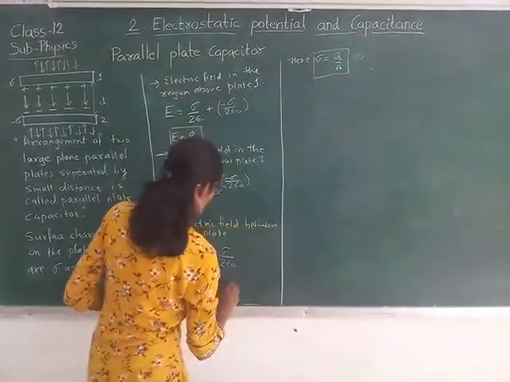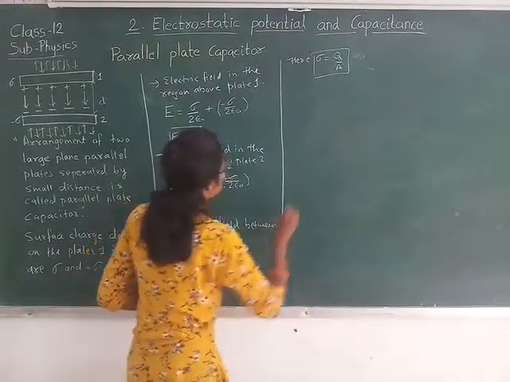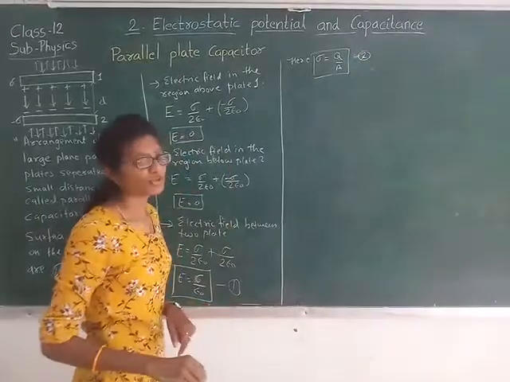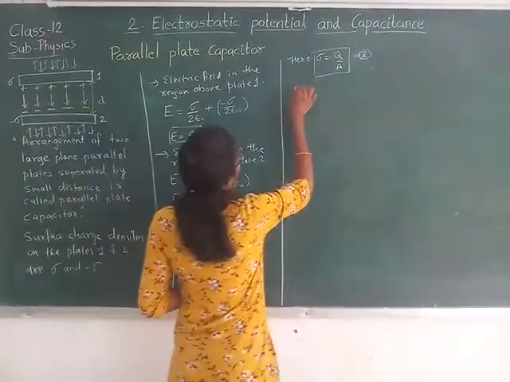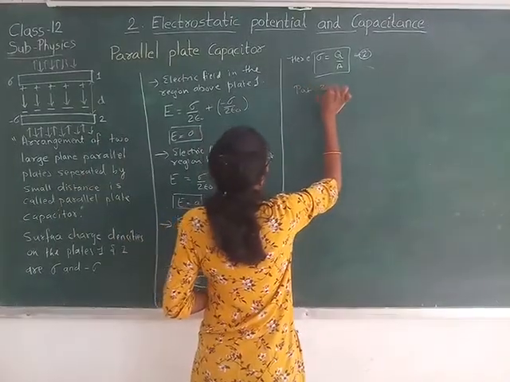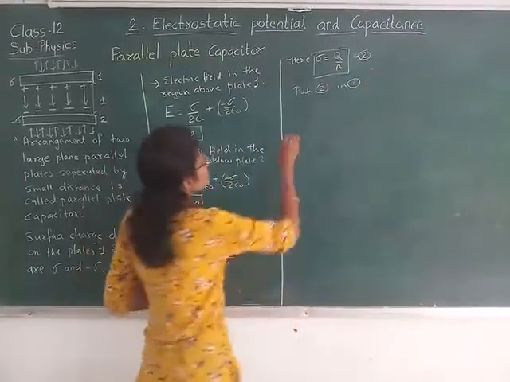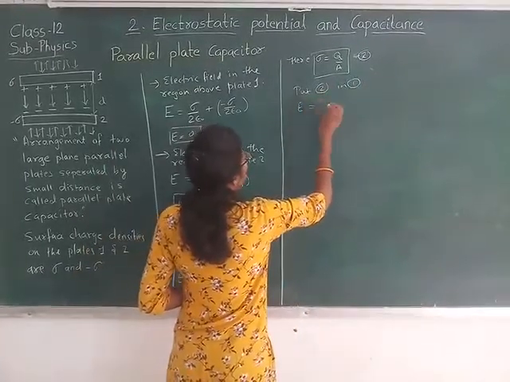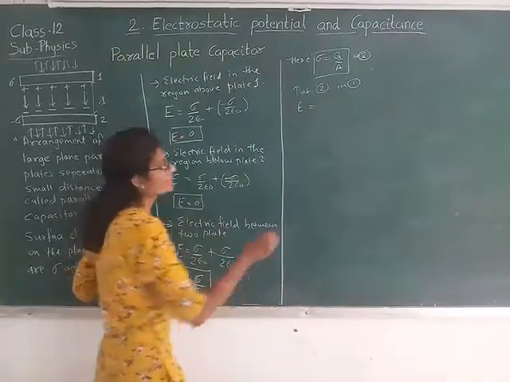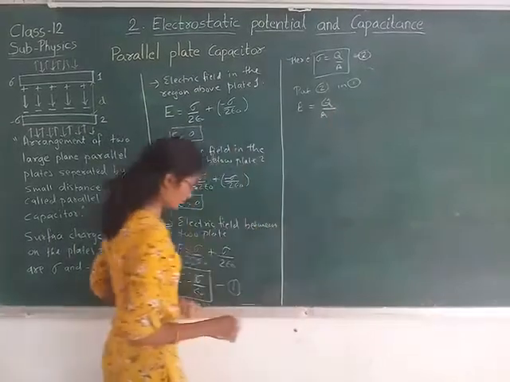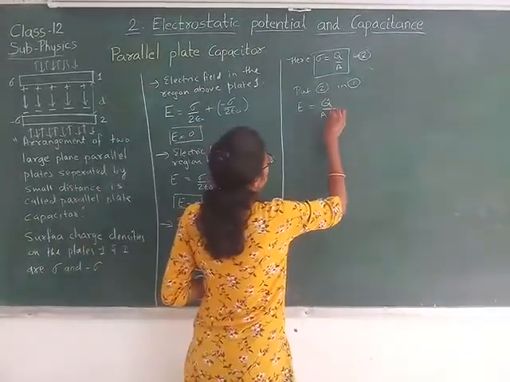Let us say this is equation 1, this is equation 2. So substituting 2 in this one, what we get? E equals, instead of sigma, it is Q by A upon epsilon 0.